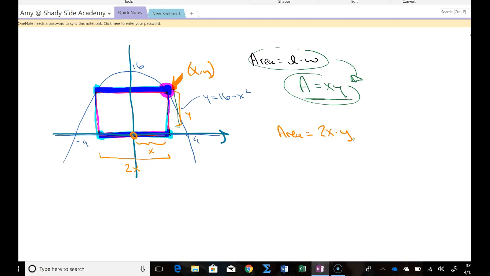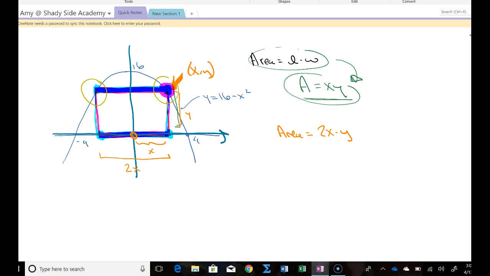But even so, what's still not incorporated into this equation, everyone, is the fact that this rectangle's dimensions are really controlled by the fact that these upper points right here are on the parabola y equals 16 minus x squared.